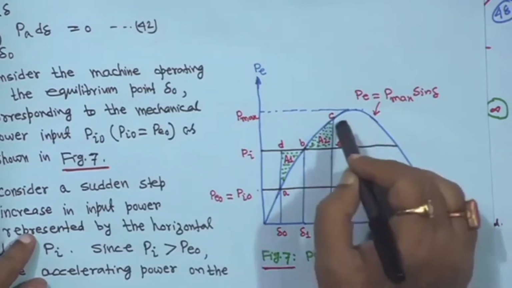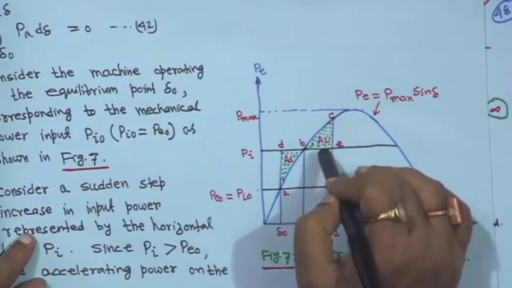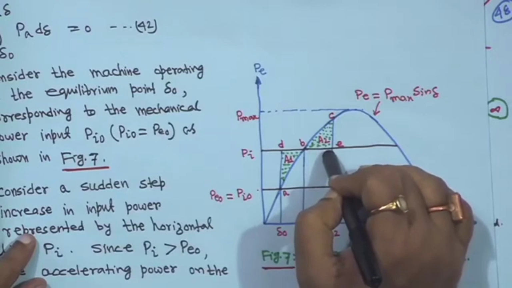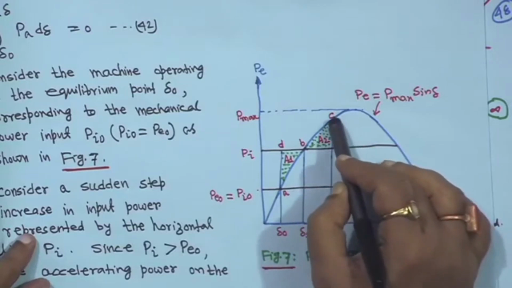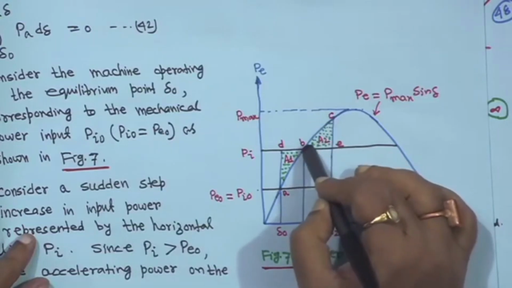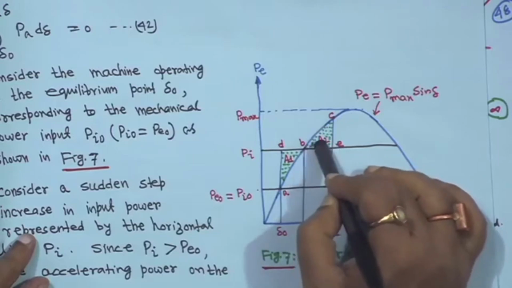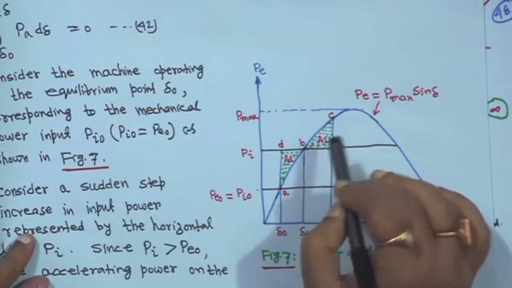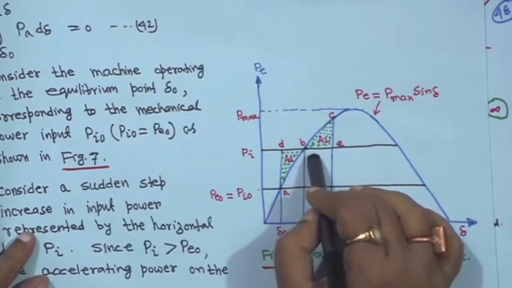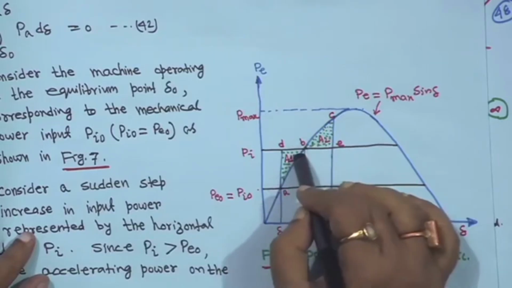Then again at this point the electrical power is more than the mechanical power input. So, finally, the rotor will oscillate around point B back and forth at its natural frequency, and then the machine has its own damping and it will subside these oscillations.